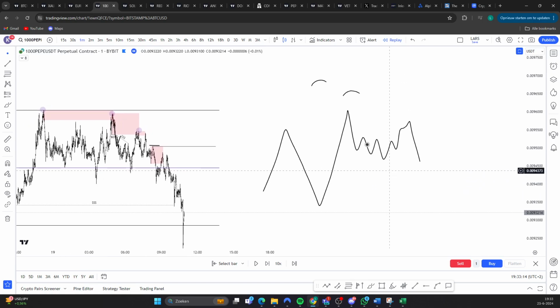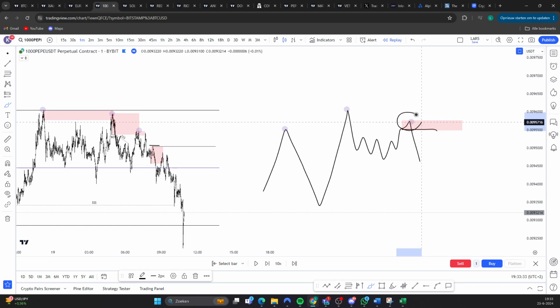There you go. 1 tap, 2 tap, 3 tap. And let's say you break structure. Let's call this the structure. Okay. And I'm not really sure if this is the third tap for this massive Wyckoff distribution.